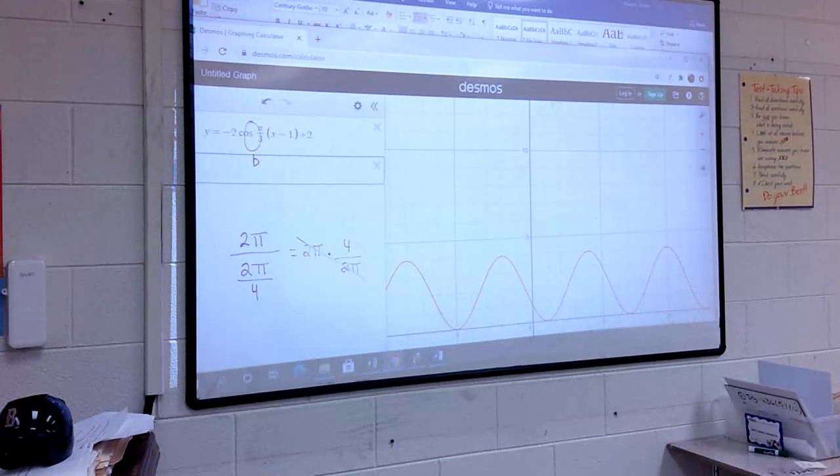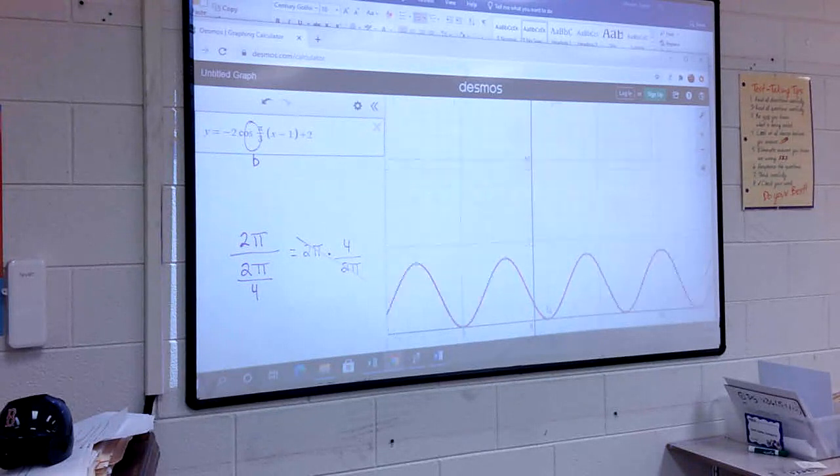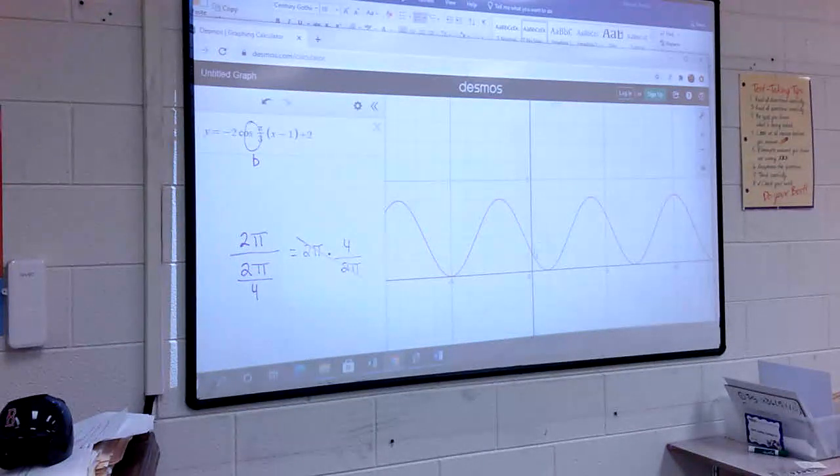So there is my graph. If you take a look at this graph, notice it crosses at 1. There's a reason for that here in a minute.